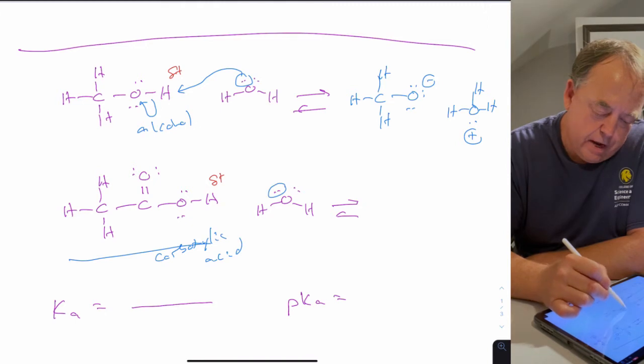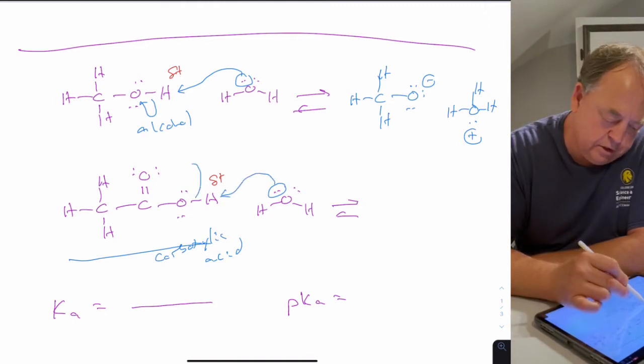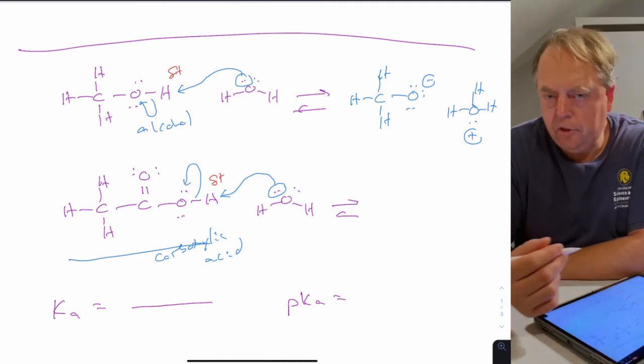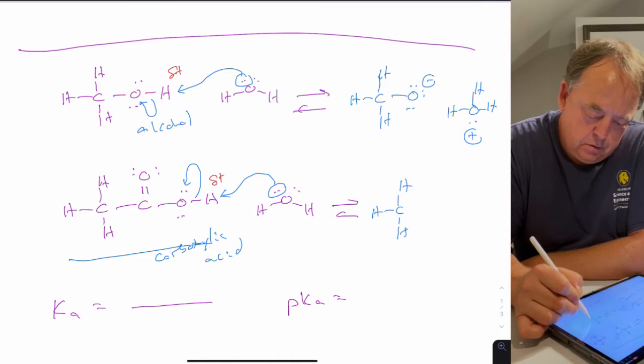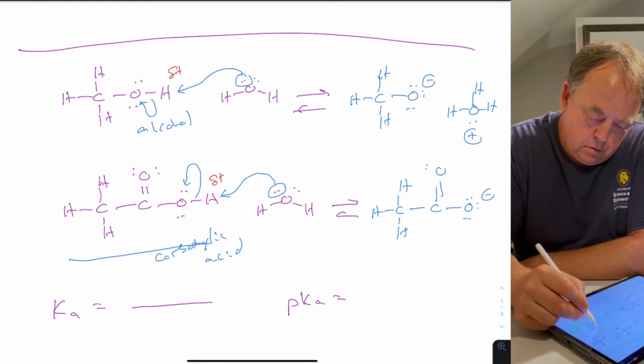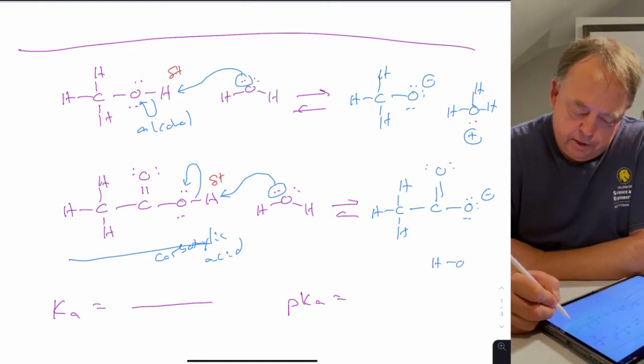Same basic reaction: oxygen takes a hydrogen from the OH, and the OH electrons become a third lone pair on oxygen. That would be your conjugate base, plus you make H3O plus again.